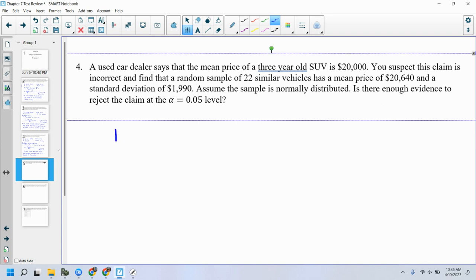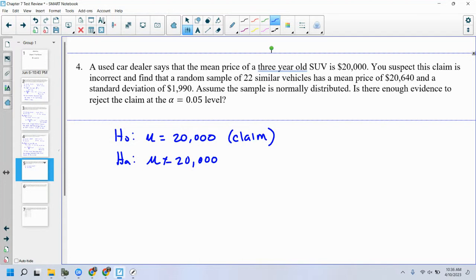First off, this is going to be a two-tailed test, so it works the same way. The mean price is $20,000, and that's the claim, and we suspect that that's incorrect, so that's why the null has the claim.